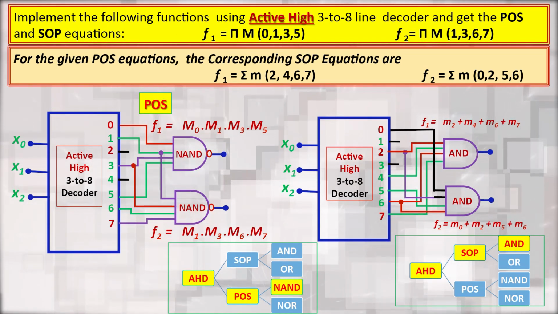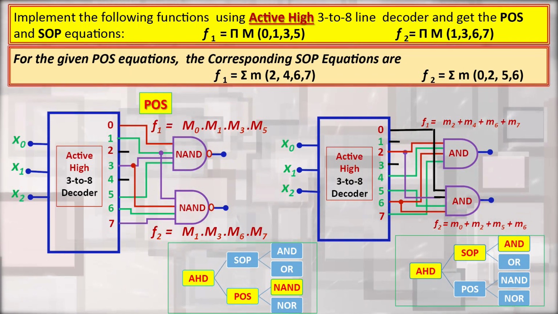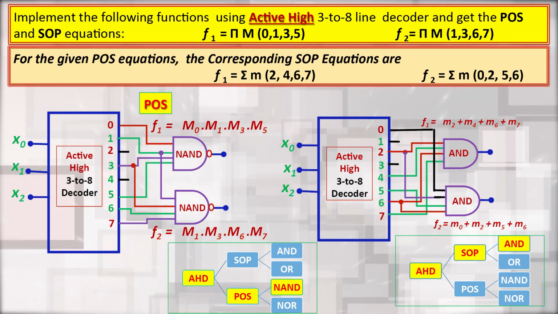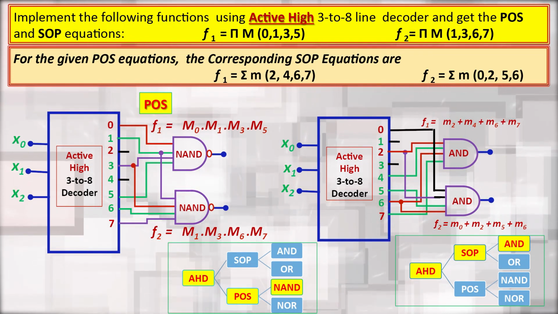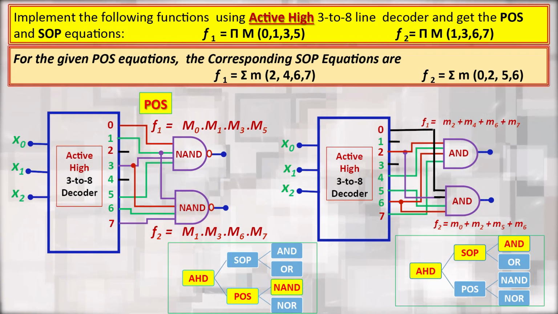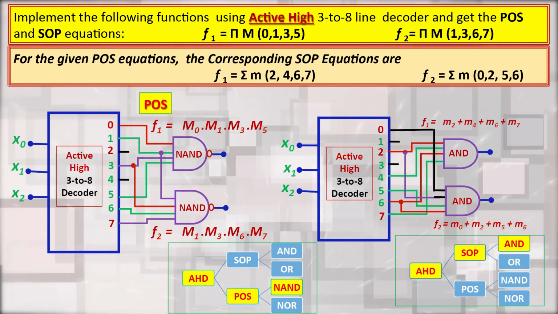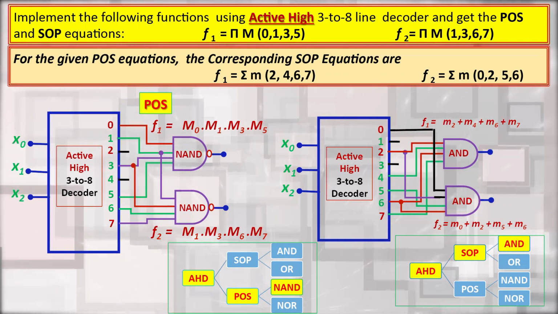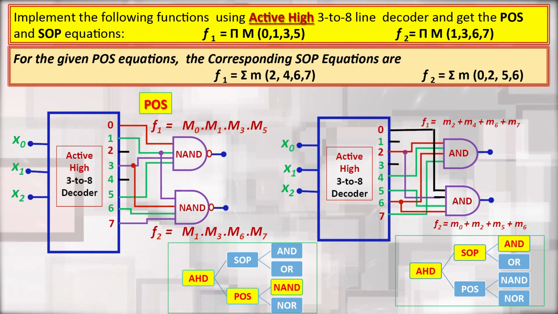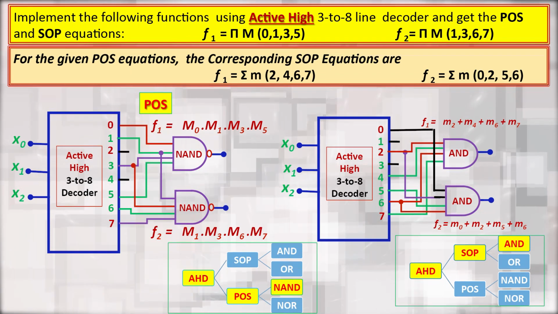And then it says realize SOP also. So, we will convert the given POS equation to an SOP equation. For the first POS equation, the terms that are not present are 2, 4, 6, 7. So, these are the first function of the SOP equation, and the terms that are not present in the second equation are 0, 2, 5, 6. That is the second SOP equation. So, this way we have two SOP functions.